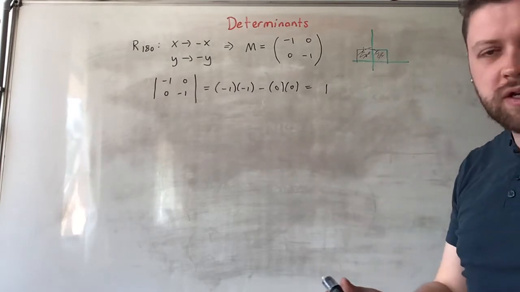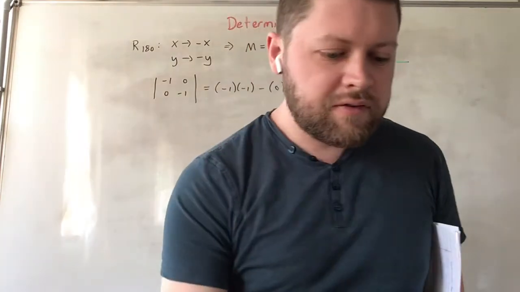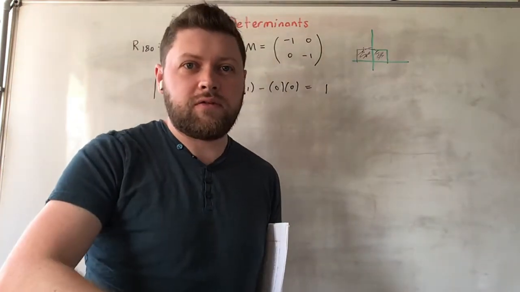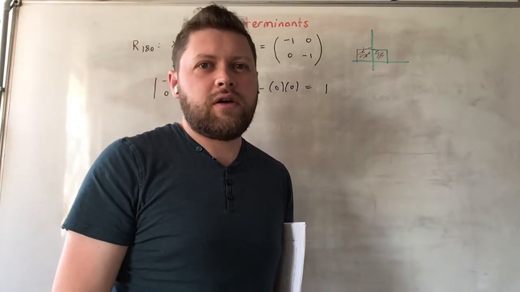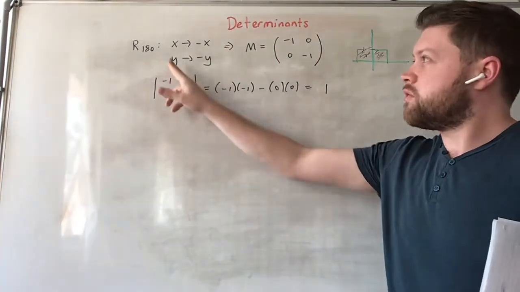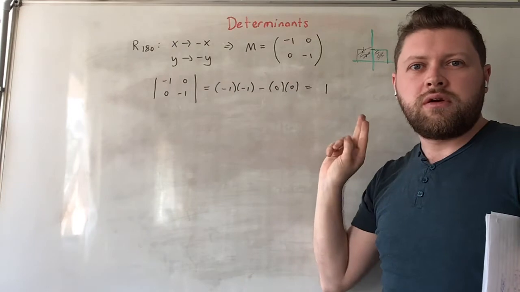You're just doing a rotation. You're not scaling anything. You're not changing the size of anything. You're just moving things. You're rotating it. So it gives you a really intuitive idea for why the determinant of this rotation matrix is 1.